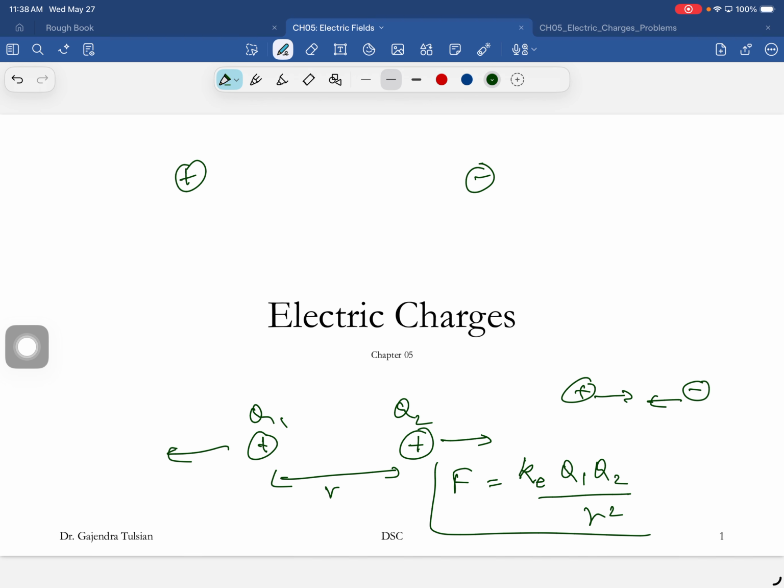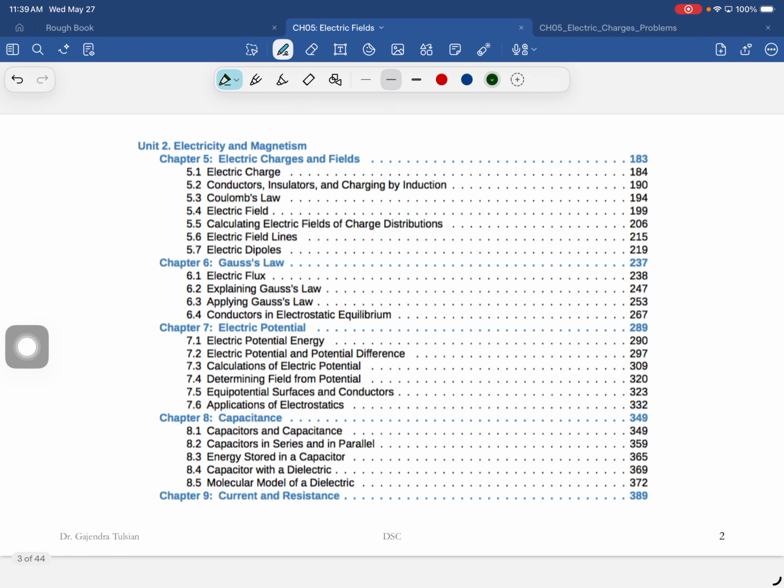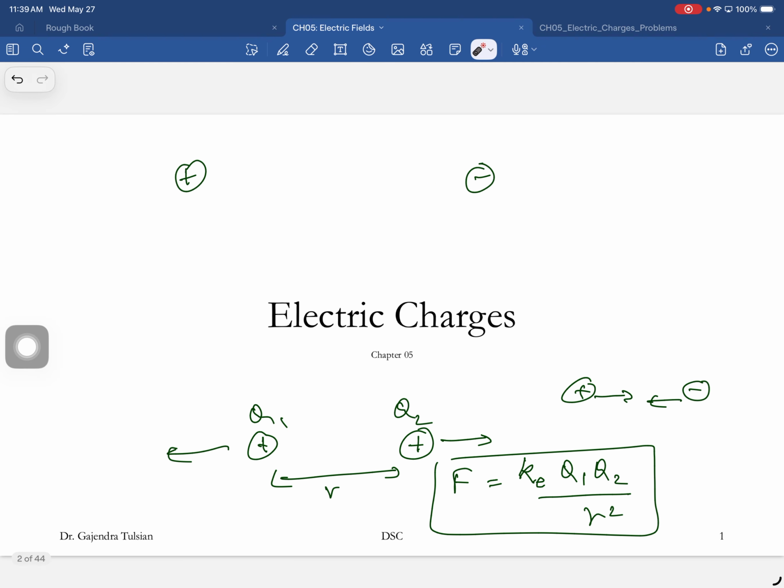This is Coulomb's formula. That's the magnitude and direction of the force between the charges. That's one of the main results. All right, we might as well talk about this as well.